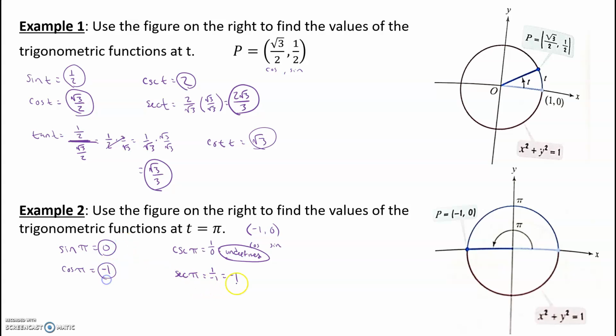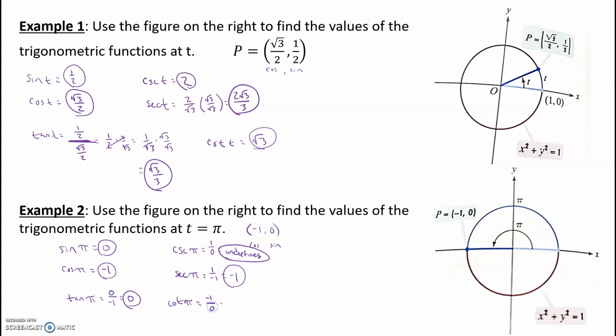So we've got 4 so far. We just need tangent and cotangent. So tangent of pi, remember tangent is sine over cosine, so 0/-1 is 0. And cotangent of pi is cosine over sine.